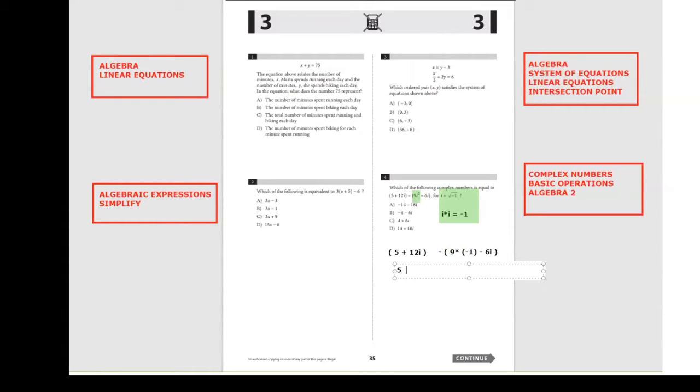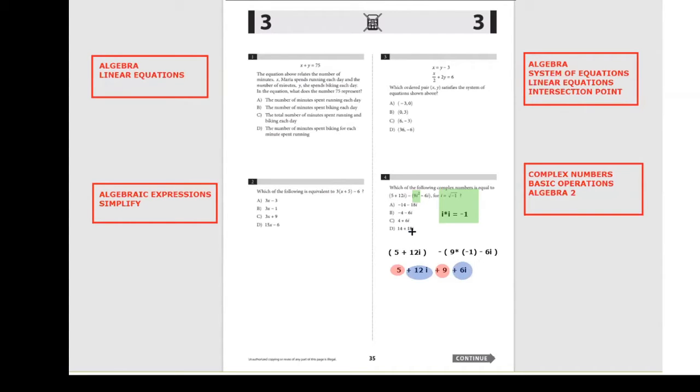It would be 5 plus 12i plus 9 plus 6i. All right, so that's correct. And then grouping like terms: 14 plus 18i. 5 plus 9 is 14, and then the i terms are added separately, the real and the imaginary parts.